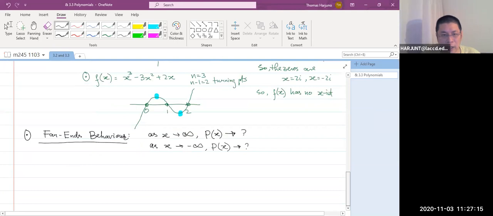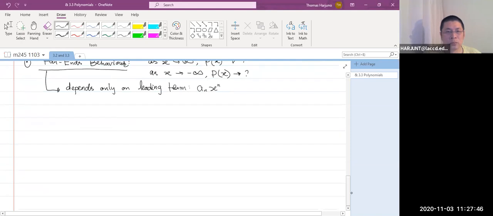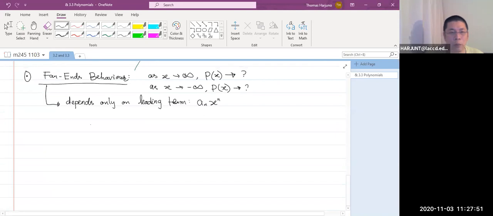Now, the nice thing is far end behavior depends only on the leading term, a sub n x to the n. I will ask you to memorize the graph.